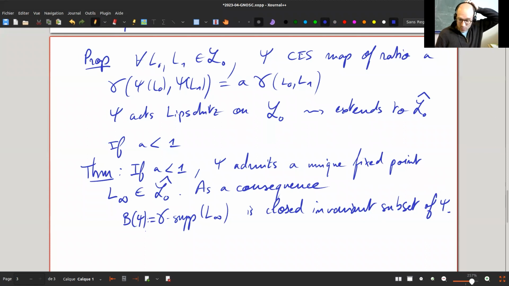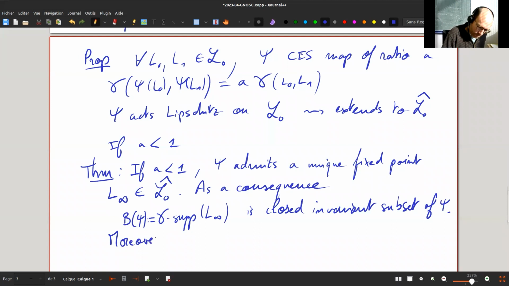Again, this is easy once you know the existence of the gamma support, then this comes for free. What is perhaps less trivial is the fact that this coincides with the classical Birkhoff attractor in dimension 2.